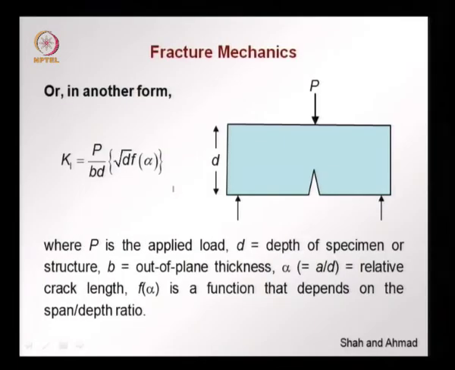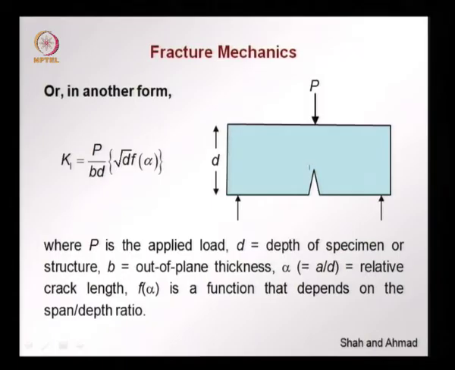In another form, suppose you have a beam, we can put K1 in form of load, P being the applied load. Again we have a beam now with a certain depth and a certain width. B is the width of the beam, the thickness of the beam, D is the depth of the beam, and K1 could be put in the form of P divided by B D times the square root of D, F of alpha, alpha being the A by D ratio or the relative crack depth ratio.